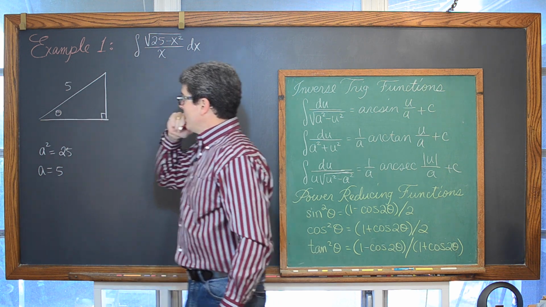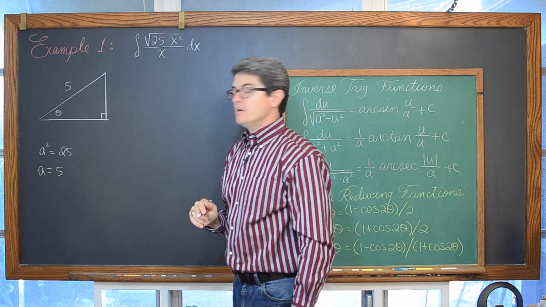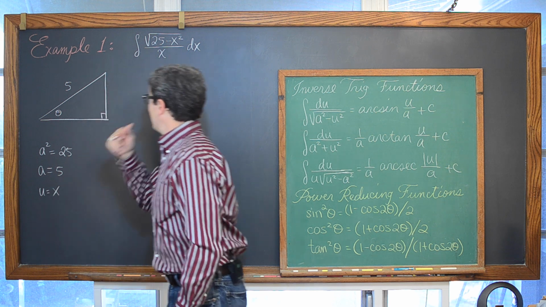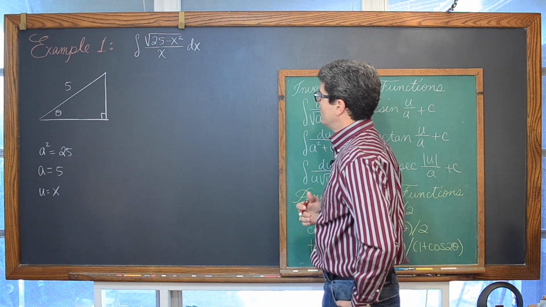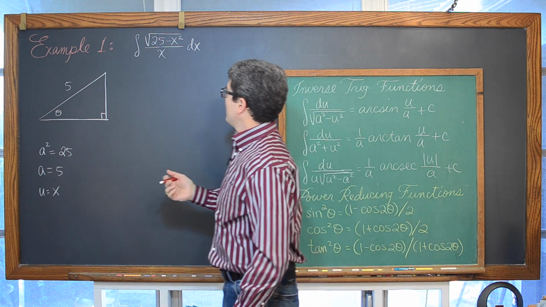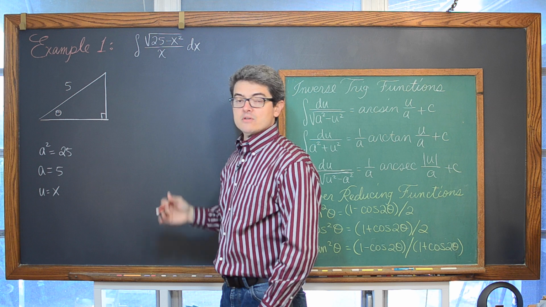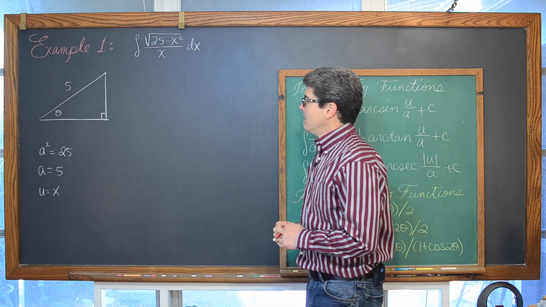Here's theta, and that means our u squared is going to be x squared, so u is going to be equal to x, or that x is just the length of one of the sides of our triangle. And the whole radical, the square root of 25 minus x squared, like I previously pointed out, is the length of one of the legs of this right triangle.